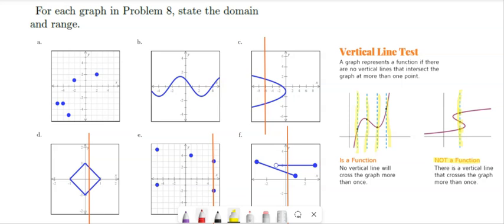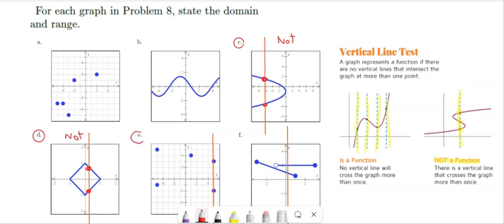So we noted that C is not a function, because we have 2 points on one vertical line, and that is enough. For D, not a function either, for the same reason: 2 points belong to the graph on the same vertical line.